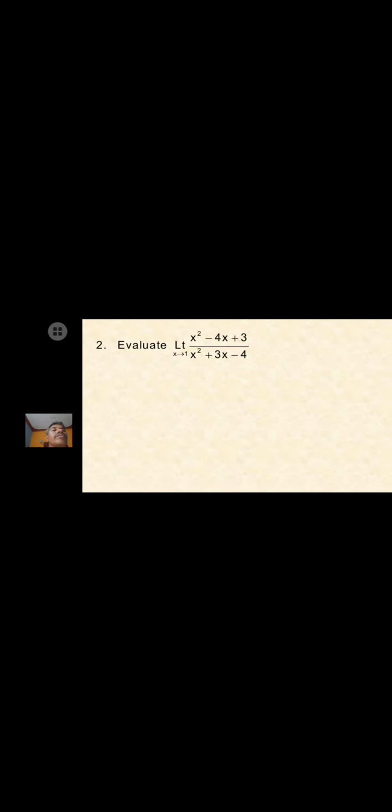Second one. Evaluate limit x tends to 1, x square minus 4x plus 3 by x square plus 3x minus 4. Now if we substitute 1, in the denominator we get 0, which means we cannot determine the value.